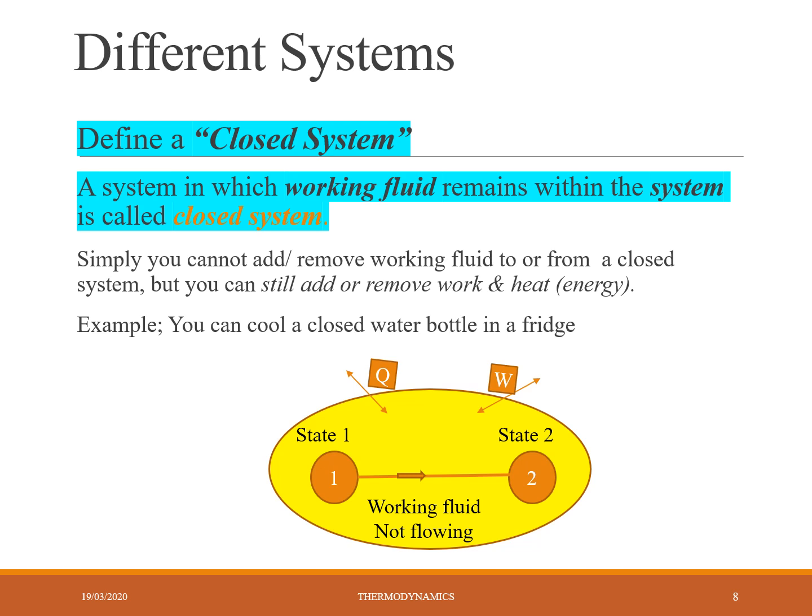It's inside the bottle. The water is the working fluid which is inside the bottle, and our system is the cabin, the cold area inside the fridge. I think that is enough for the definition of closed systems.